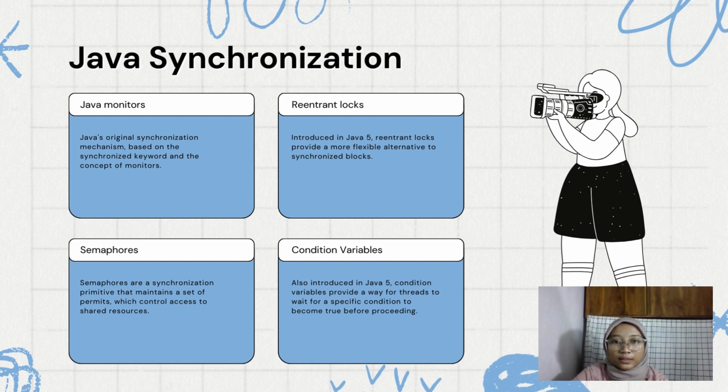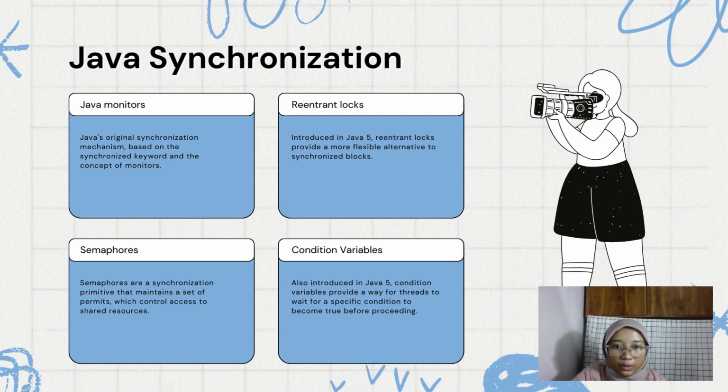Java synchronization. Java monitors are Java's original synchronization mechanism, based on the synchronized keyword and the concept of a monitor. Reentrant locks, introduced in Java 5, provide a more flexible alternative to synchronized blocks.